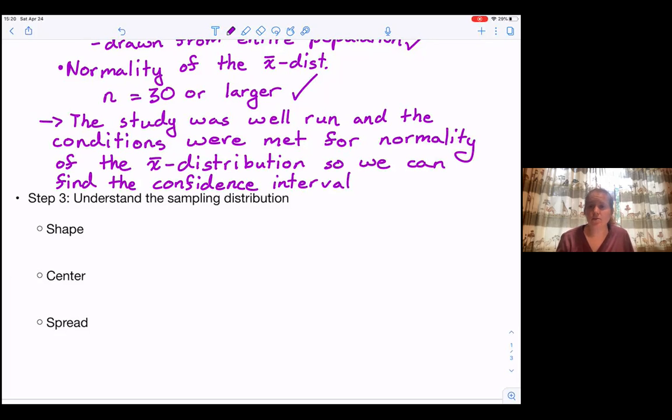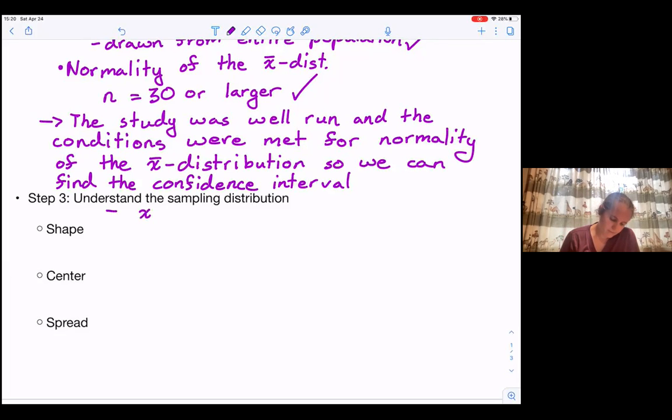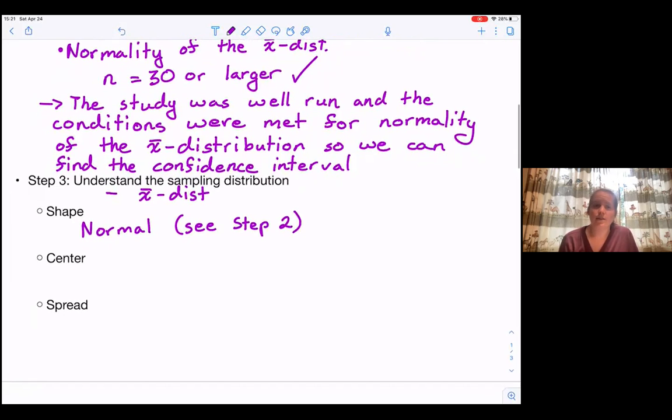Our next job again is to understand the sampling distribution. So in this case, we are talking about the x bar distribution. We just saw in step 2 that we have a normal distribution. The center is what we are trying to estimate. So this is what we wish to estimate.